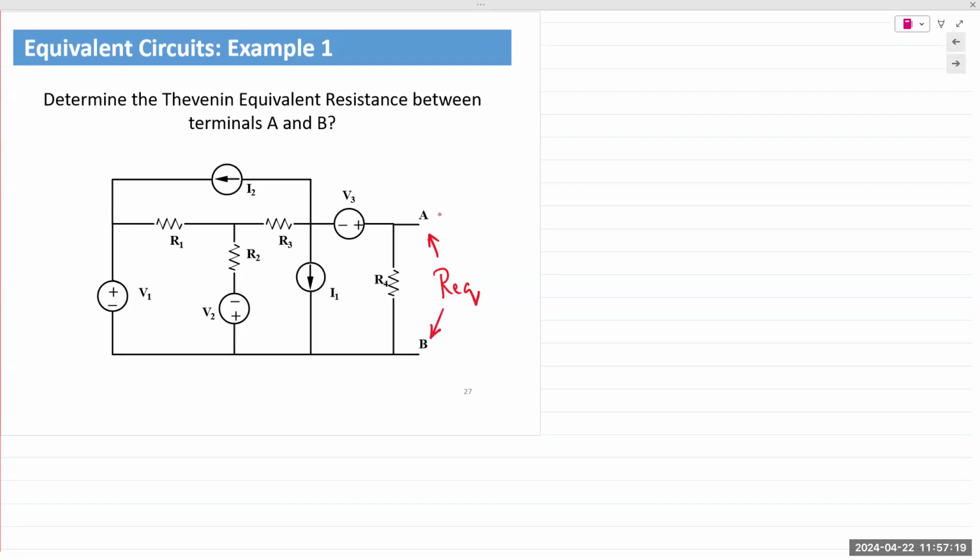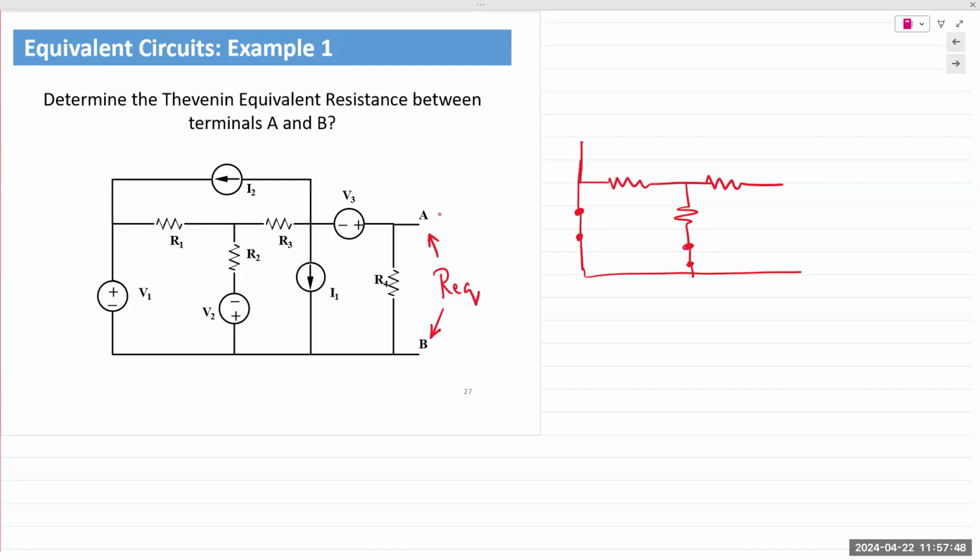What happens to the voltage sources? Circuit right there. R1, R3, R2. V2 is again a short circuit. Now I am marking out the place where the sources were connected. You don't have to do so. I'm just using it for explanation purposes.